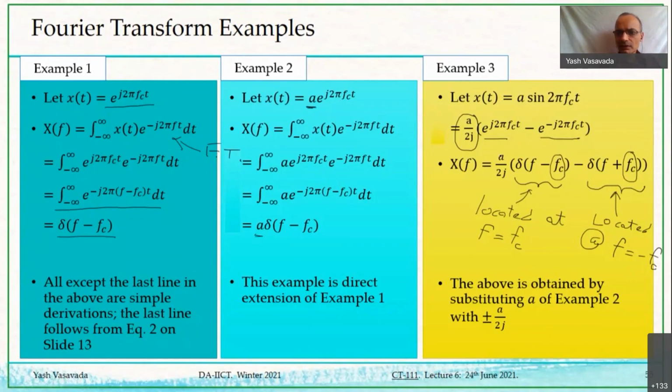And they further got scaled by this complex multiplier. Basically, the Fourier transform has both the magnitude as well as the phase.